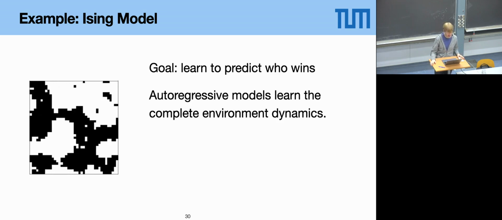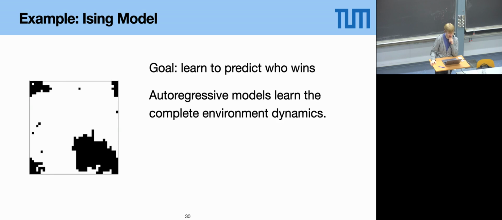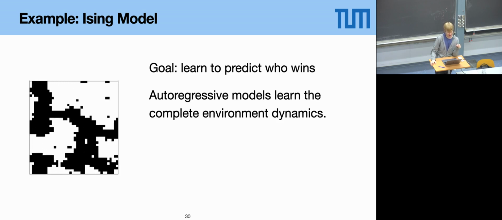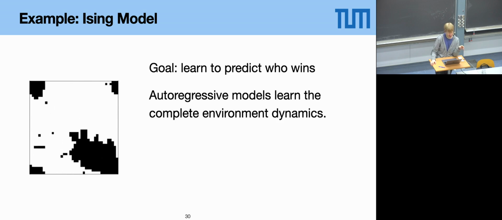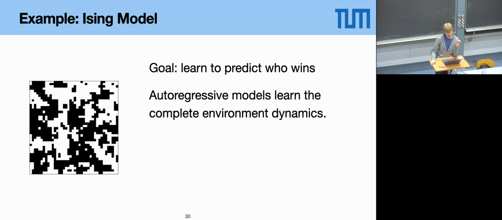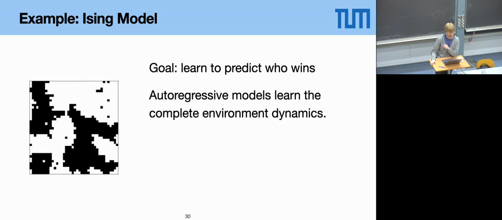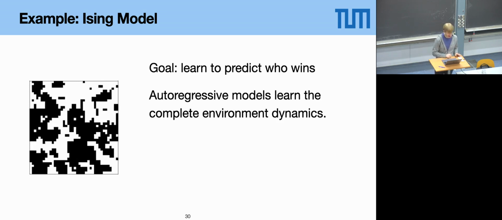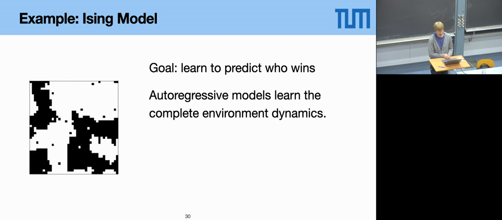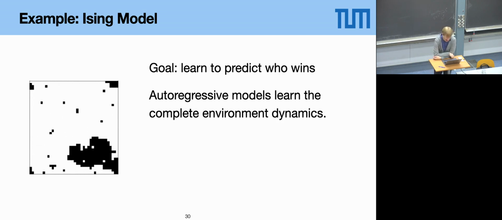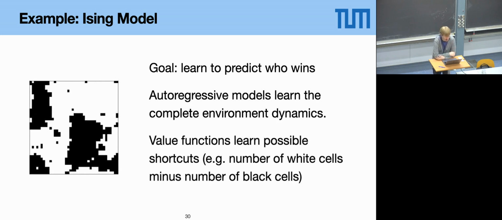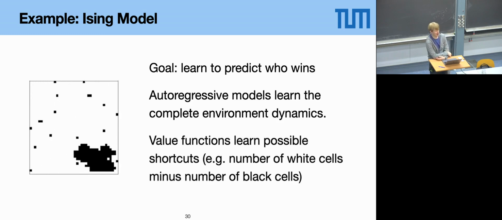This is especially critical here because what's kind of extreme in that example is that every element of the state space, every state that you could possibly have, can be transitioned into from any other given state. So the branching factor in this problem is as large as it can get. In contrast to that, you could have a value function, and it can learn possible shortcuts.